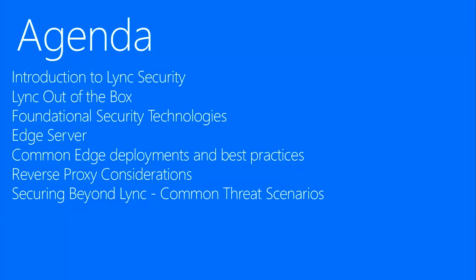We'll go through the three that are listed on the interop site and also call out one that isn't listed but works fairly well, and I can't believe I just said that. And finally, we're going to talk about securing beyond Lync, and some threat scenarios that we should be considering. If you've got SIP trunk, PSTN, or other methods of connection, those aren't Lync. Those are beyond Lync, and they still need to be considered as part of your security footprint and your requirements.